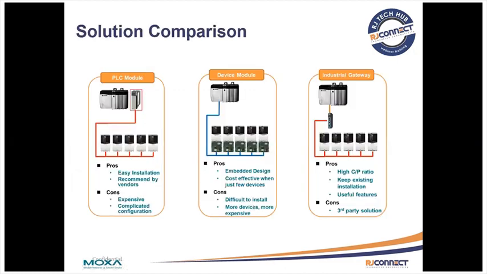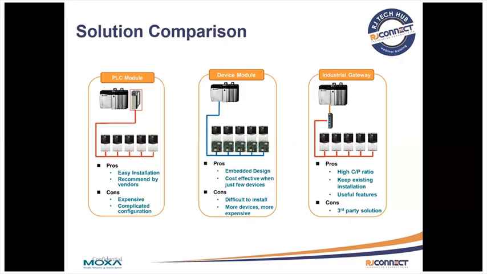So let's compare the solutions from these different scenarios. Typically, you could buy a PLC module to enable communication to another protocol that is not typically supported by that PLC manufacturer. The pros of this are that it's easy to install and it's normally recommended by its vendors.